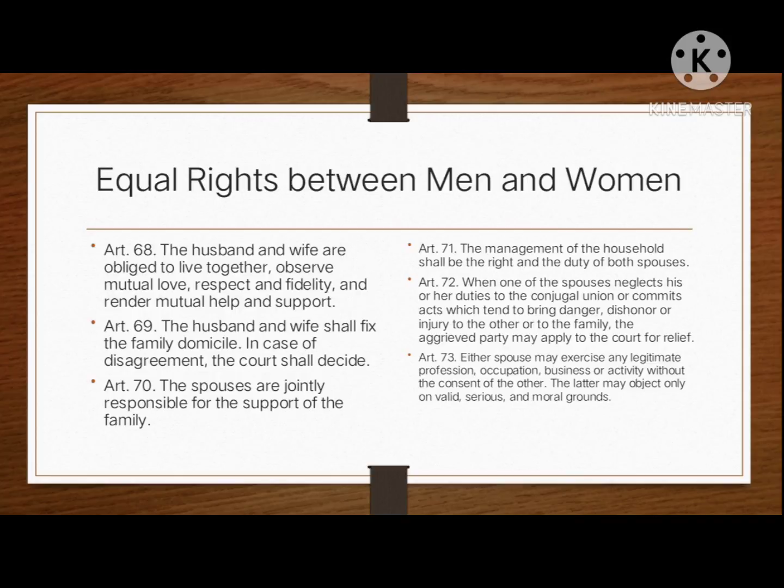And if the other spouse cannot agree with that exercise of profession, it shall be validated in the court for valid and serious moral grounds. So the court will decide on that matter.